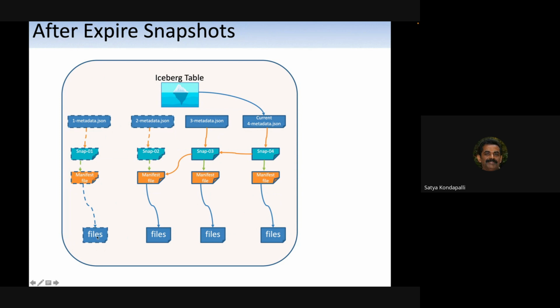This file is already created like this with updates and deletes, and since you're expiring, this file is no longer needed because you're not looking for time travel. So when you expire snapshot 1, the snapshot is gone, then the corresponding manifest file is gone, then the corresponding data files are gone.